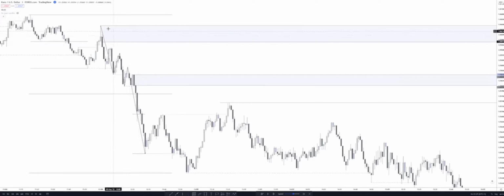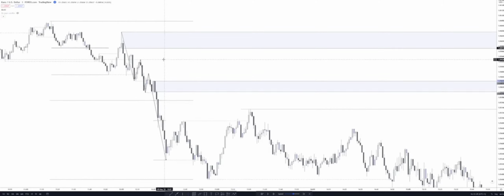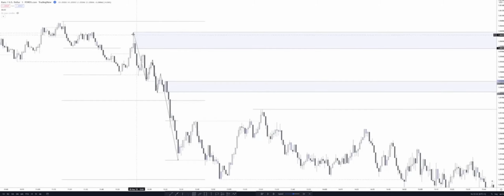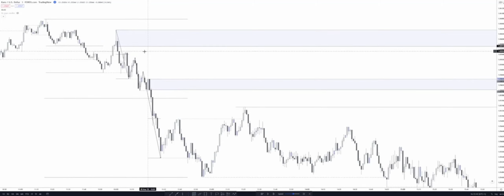Okay, so within these legs, we're looking to refine zones. So if we take, for example, that first leg, the same thing we were doing on the 15-minute really, we can see we didn't get a mitigation to the premium here.